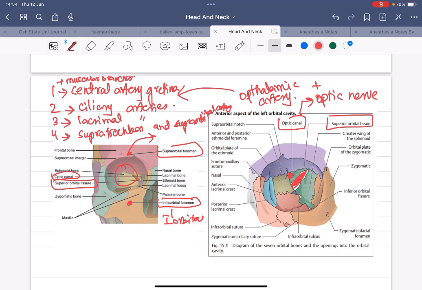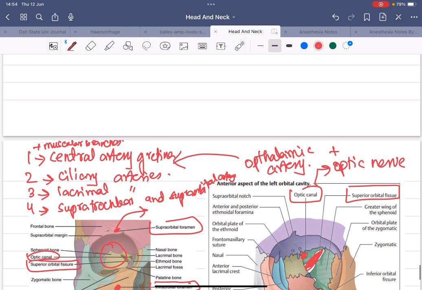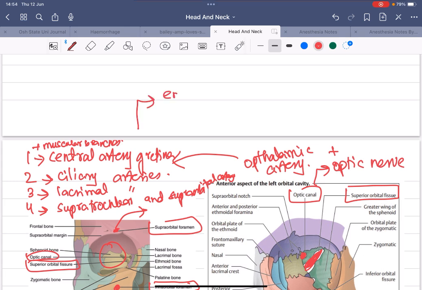And the branches are the central artery of the retina. Please remember this central artery of the retina, it is an end artery. It runs in the substance of the optic nerve and enters the eyeball at the center of the optic disc, and then it divides into branches, and you can see these branches by using an ophthalmoscope also. But these branches are end arteries.